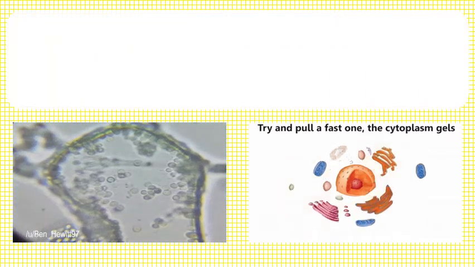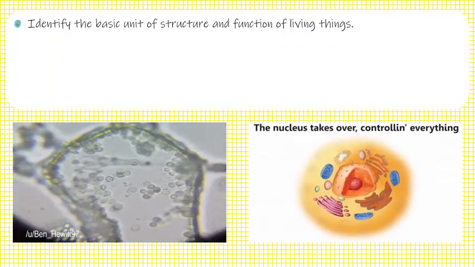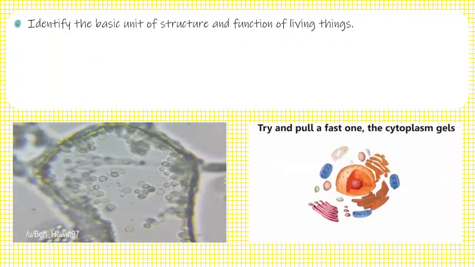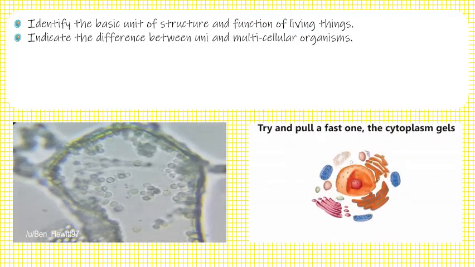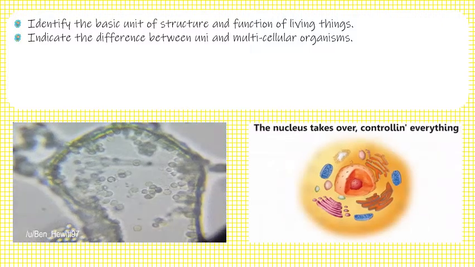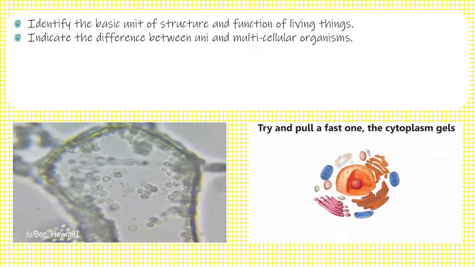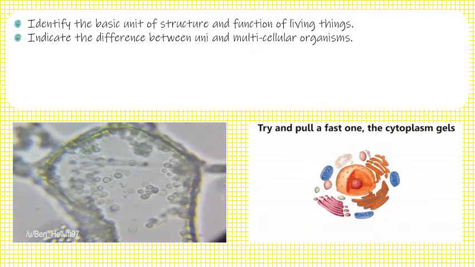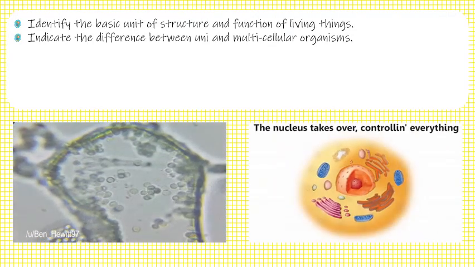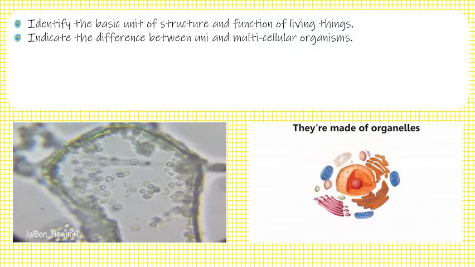Let's recap. What is the basic unit of structure and function of living things? It's the cell. Perfect. Let's give an example of unicellular organisms or microorganisms. Some algae, and some bacteria. That's right.